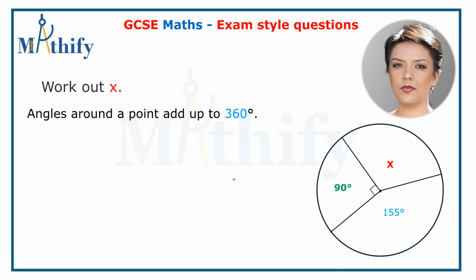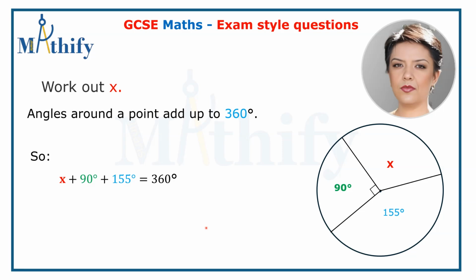So we would do x plus 90 plus 155 is equal to 360 degrees. There are two ways to do this. You can either make x the subject straight away, move the plus 90 and plus 155 to the right side and do 360 minus 90 minus 155.